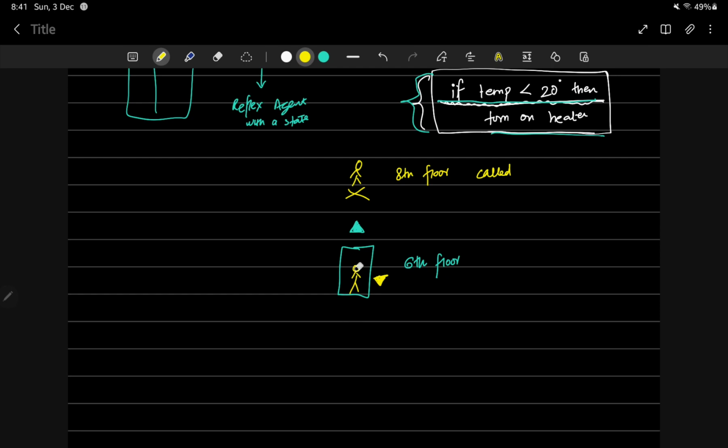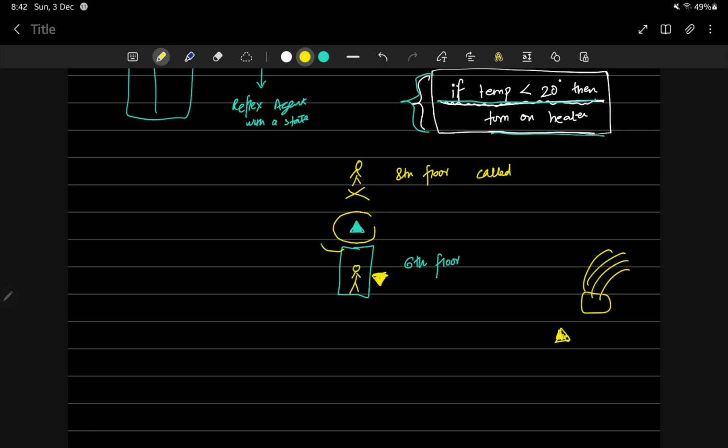So a reflex agent with a state stores the previous information as well. It has a state, right? So it will remember that I have to go upwards first. Even though you have pressed downwards, in my memory I have stored that first I have to go up.